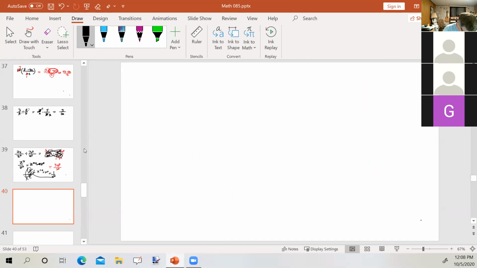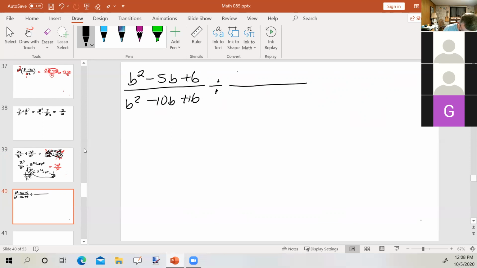How about this one? B squared minus 5b plus 6 over b squared minus 10b plus 16 divided by b squared plus 2b over b squared minus 6b minus 16.